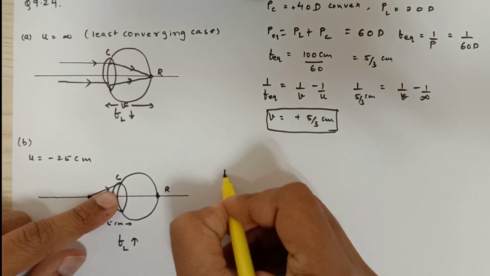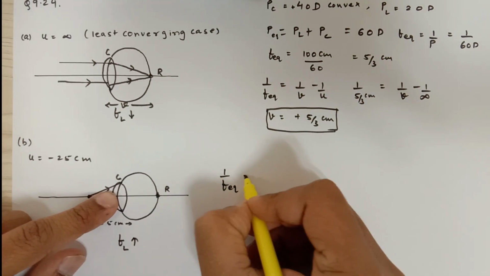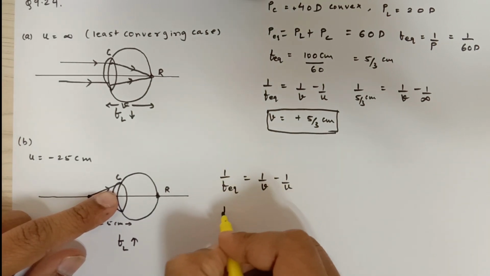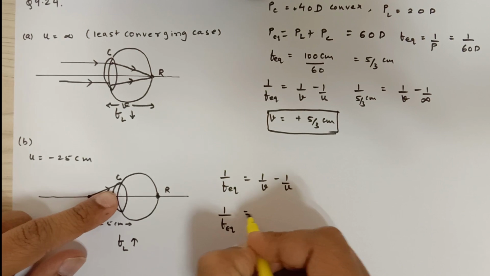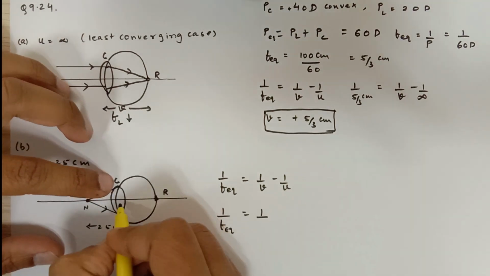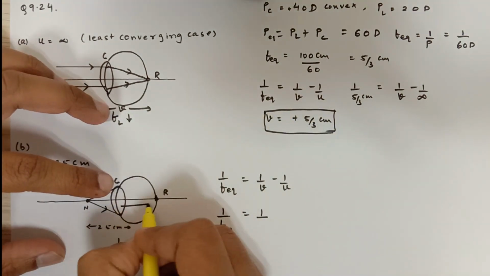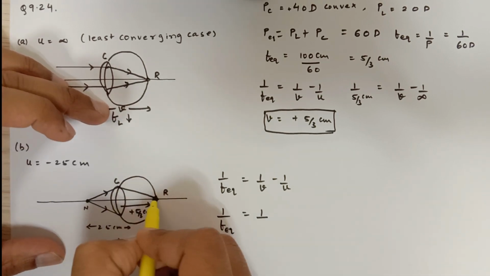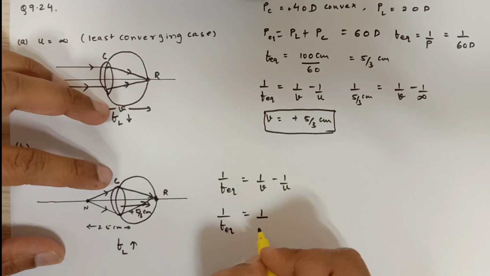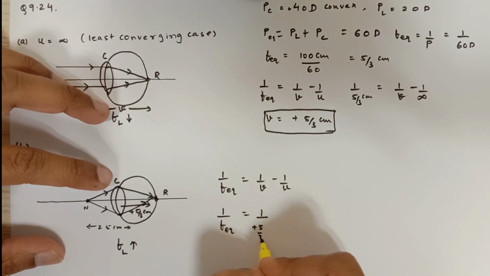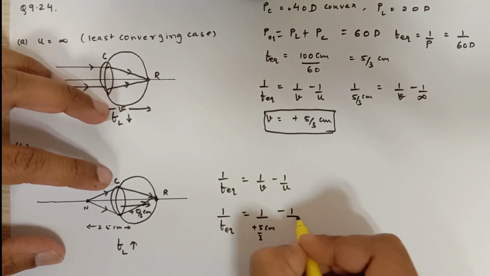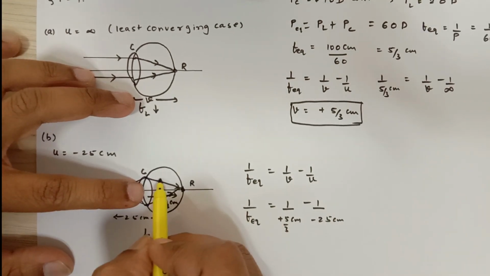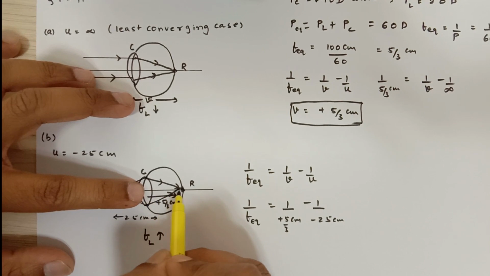Now 1 upon f equivalent is equal to 1 upon v minus 1 upon u. The image is formed again at this distance, plus 5 by 3 centimeters, over here only. So plus 5 by 3 centimeter, and minus 1 upon minus 25 centimeter. Why is that? Because the image is formed behind the lens, so positive.